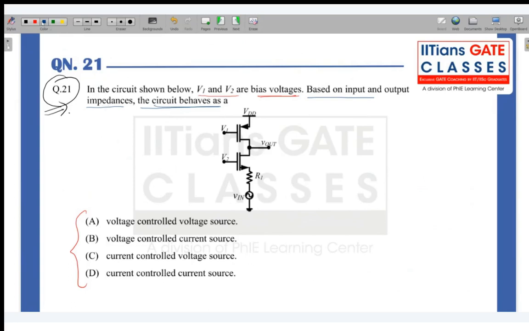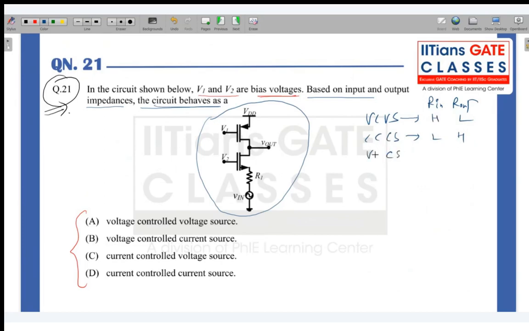So suppose there is a VCVS, I mean the input is voltage and the output is voltage. So I'm writing input resistance here and output resistance here. I will come back to this circuit in a while. So this is high and this is low. And a current controlled current source means a current amplifier, so it is low and it is high. If the output is current and the input is voltage, a voltage controlled current source, it is known as a transconductance amplifier.